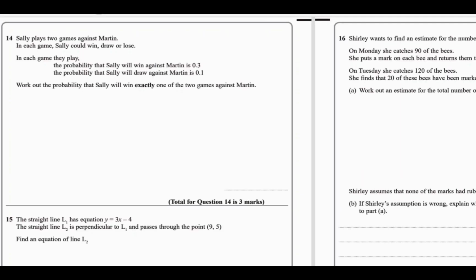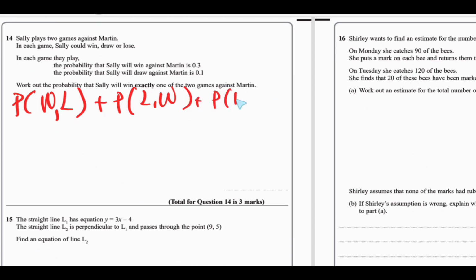Okay. If she wants to win exactly one of the 2 games, it means we have to find the probability that she wins the first time and loses the second time, or she loses the first time and wins the second time, or she draws the first time and wins the second time, or she wins the first time and then draws the second time.